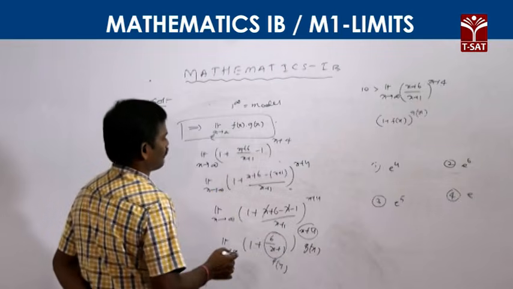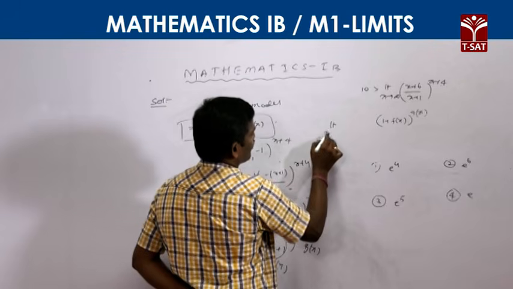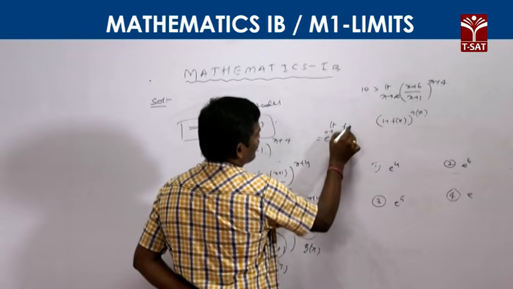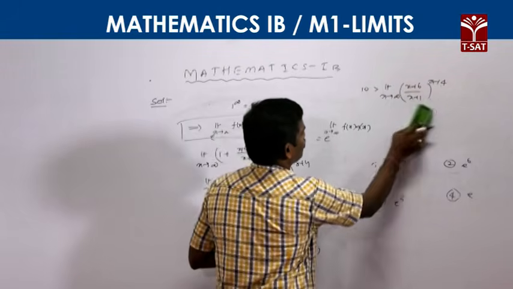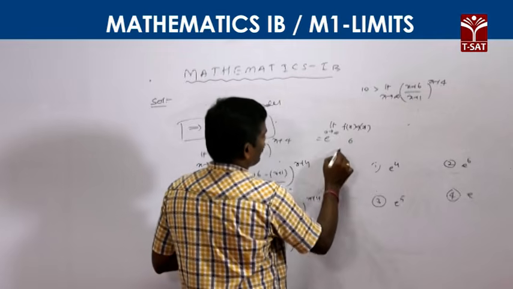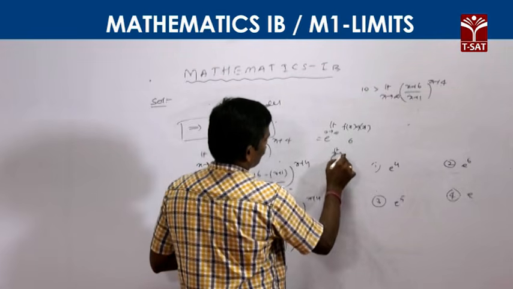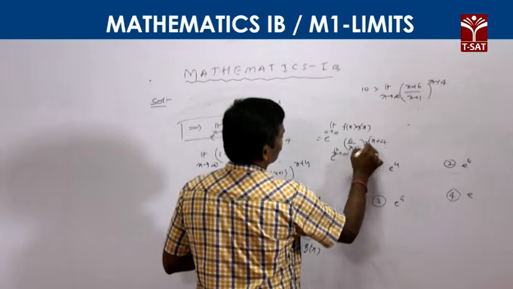This one is f of x, this one is g of x. So just formula apply, e to the power limit x tends to infinity, f of x into g of x. So here what is f of x? 6 by x plus 1 into x plus 4.